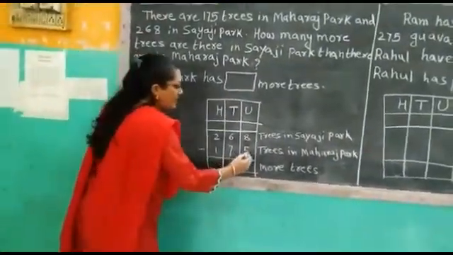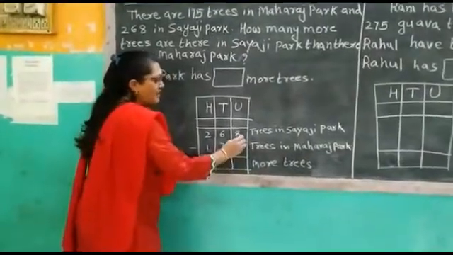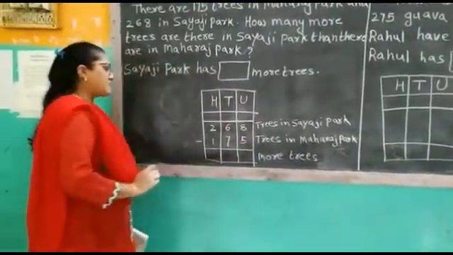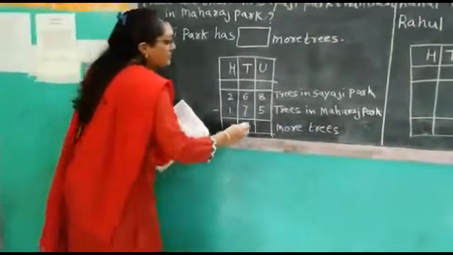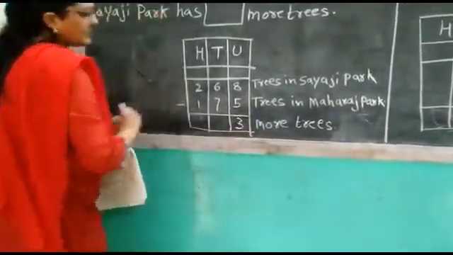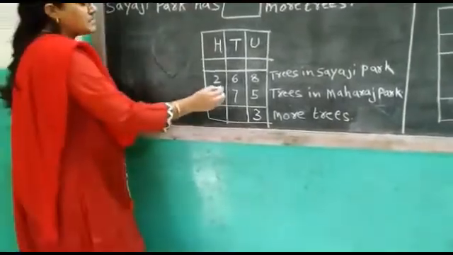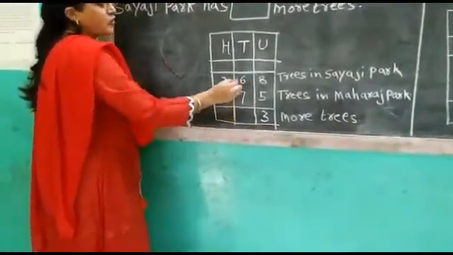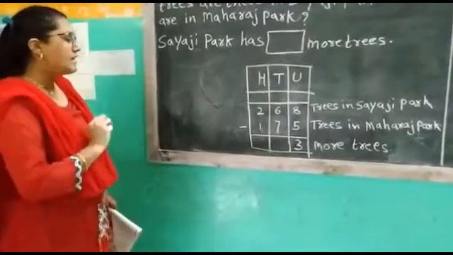Now see, we can easily subtract 5 from 8. So what will be your answer? 8 minus 5 is equal to 3. But in the tens place we cannot subtract 7 from 6. Now what here we will do?